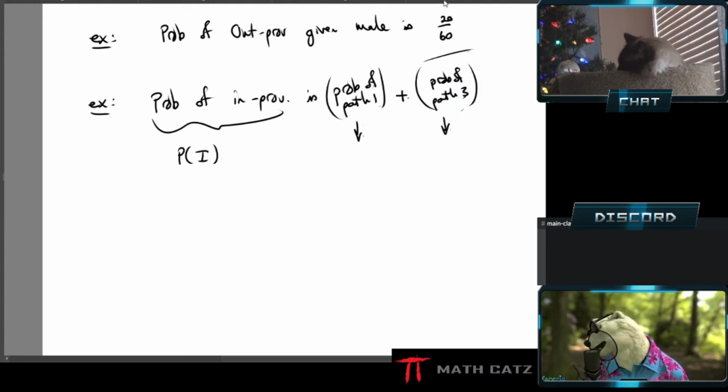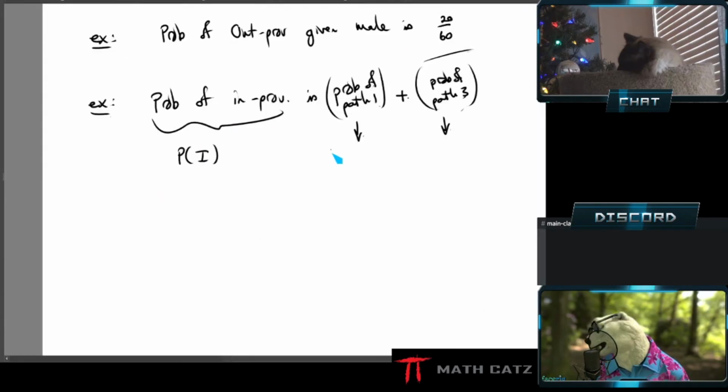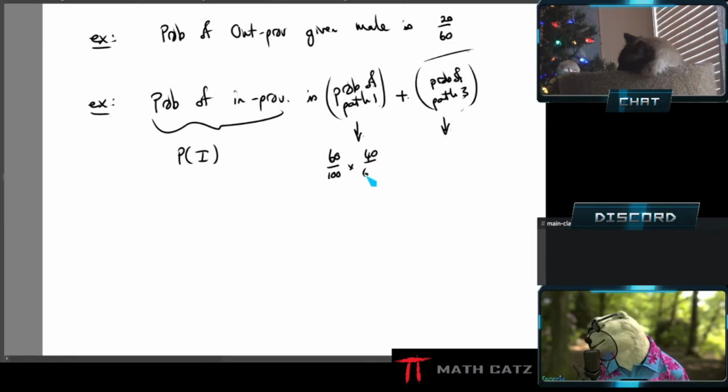So now I look at those paths separately. How do I get path 1? I remember, to get a full path start to finish, I multiply along the path. So 60 over 100 times 40 over 60. Plus, the probability of path 3 is another way I can do it.